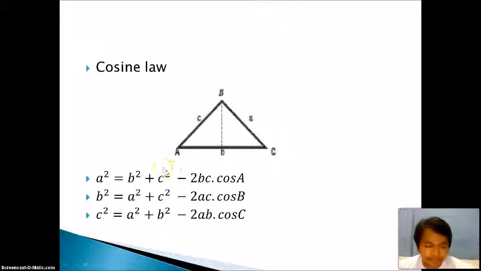If you want to find A, then you can use the first variant, which is A squared equals B squared plus C squared minus 2BC cos angle A. And if you want to find the length of B, you can use the second variant, which is B squared equals A squared plus C squared minus 2AC cos B. And if you want to find the length of C over here, then you can use the third variant, which is C squared equals A squared plus B squared minus 2AB cos the angle of C.